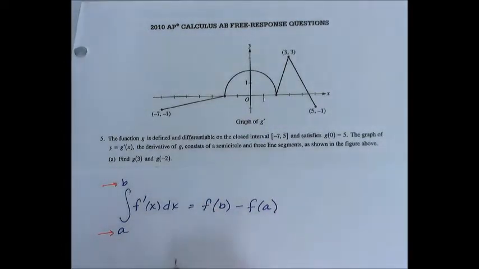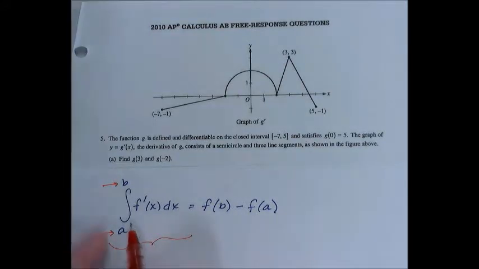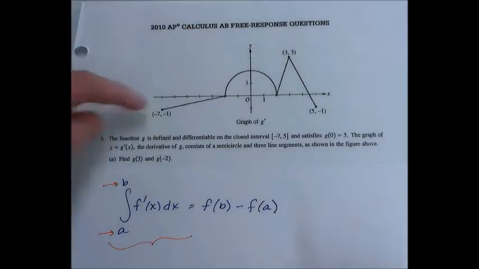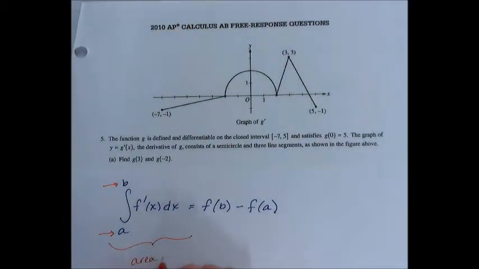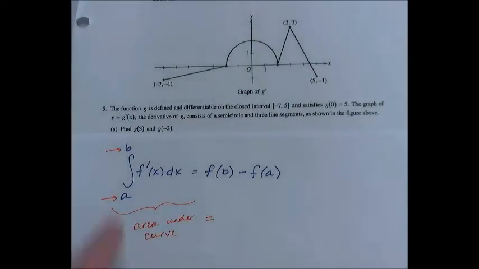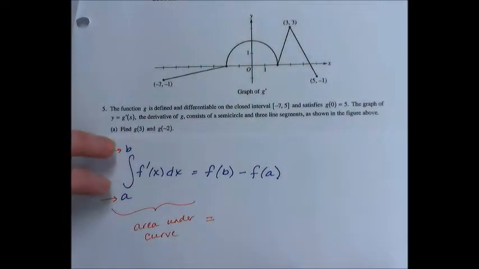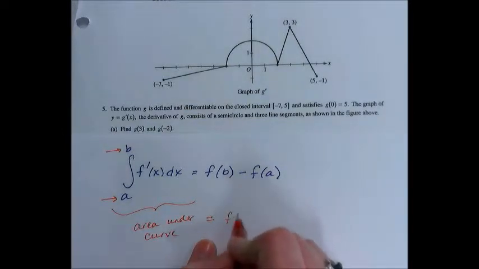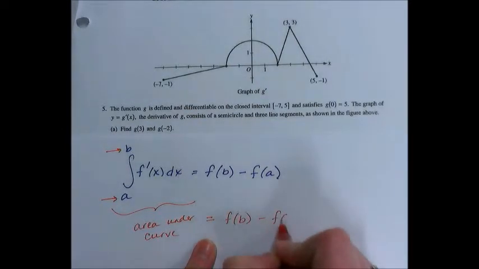Then I want you to think about, after you set that up, how do you find the integral of f prime, or in your specific case, of g prime? That just means the area under the curve. So you should be able to do that right on your graph. Just using your graph, you should be able to find an answer for the area under the curve, depending on what you use for your limits. And then that should equal f of b minus f of a.